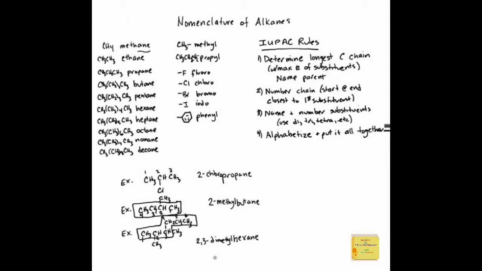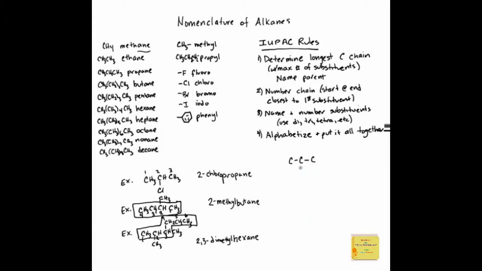Now these rules are using the IUPAC nomenclature. In addition to the IUPAC rules, there are a small number of very commonly used names for commonly seen groups, and we do need to be familiar with these as well. So, for example, if you think about a 3-carbon chain that you want to attach to a parent, there's 2 possible points of attachment.